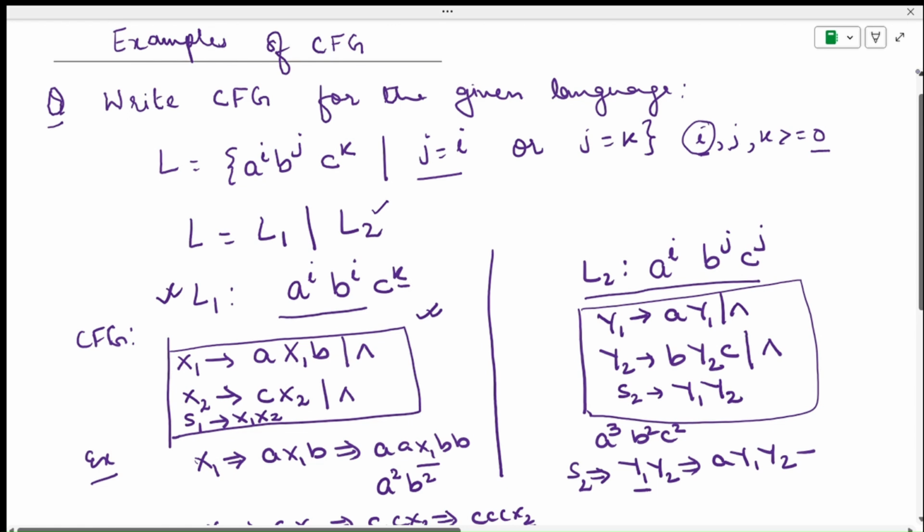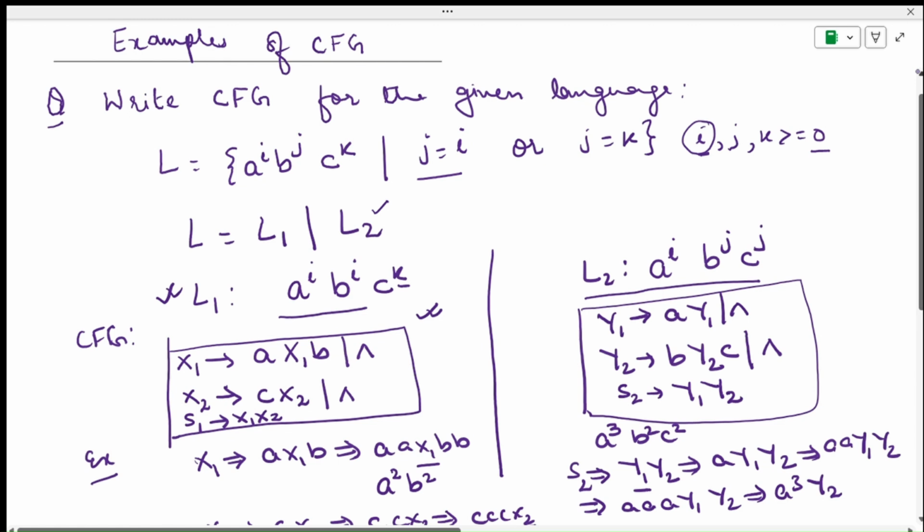Again, since we need 3 a's, I'll keep calling this y1, a y1, one more time. Now replace the y1 with null. So I'll get 3 a's followed by y2. Now there is only one variable for the replacement.